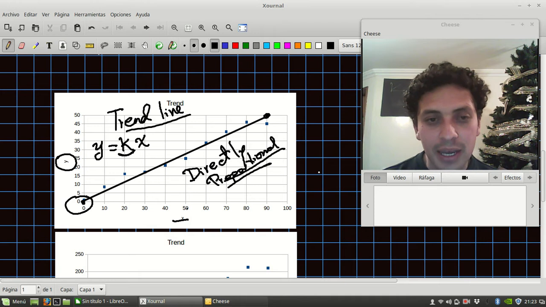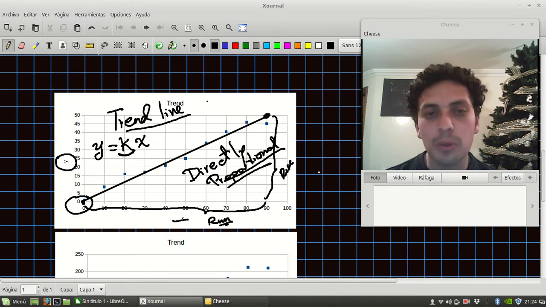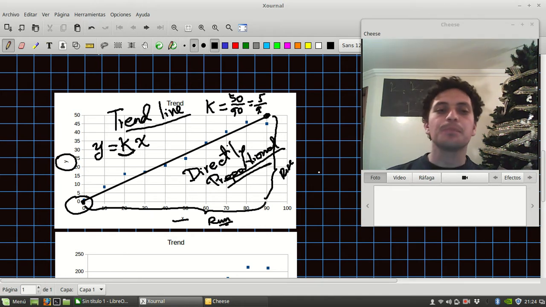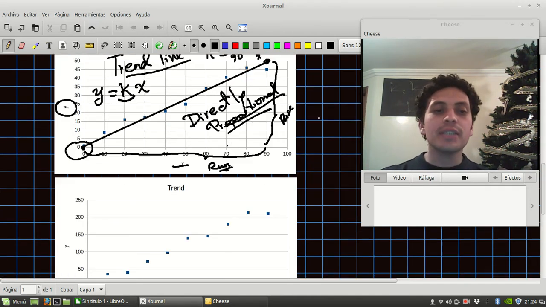And you can get the slope, that is this rise over this run. In this case, the slope is going to be the constant k, that is 50 over 90, so 5/9 is k.